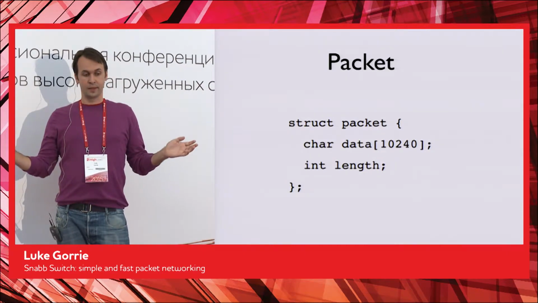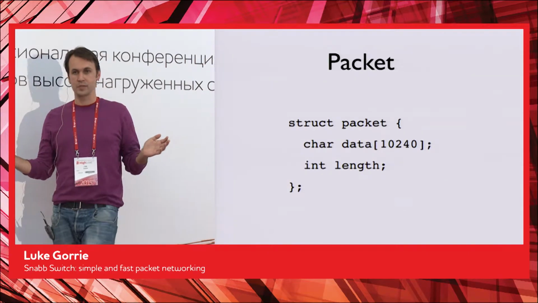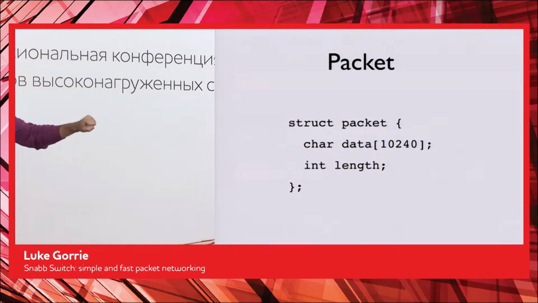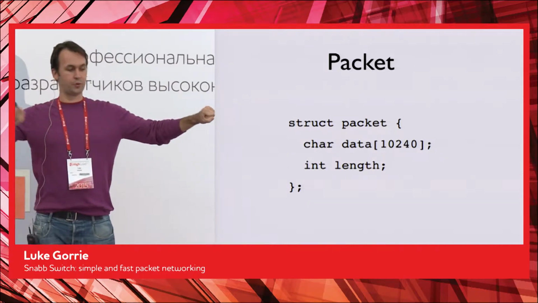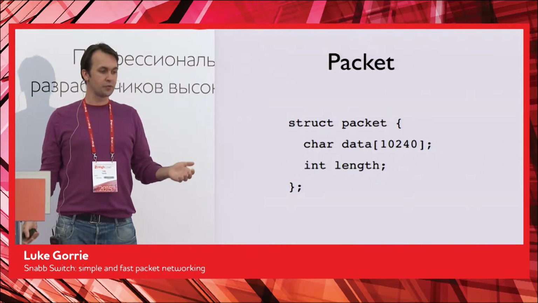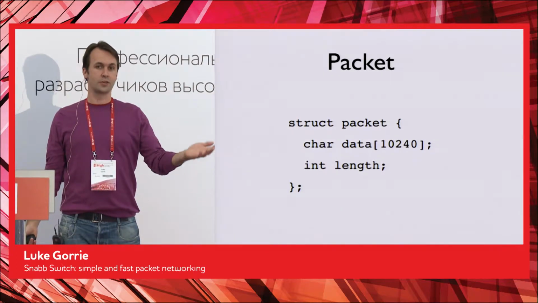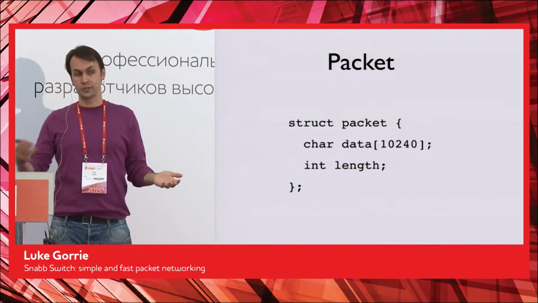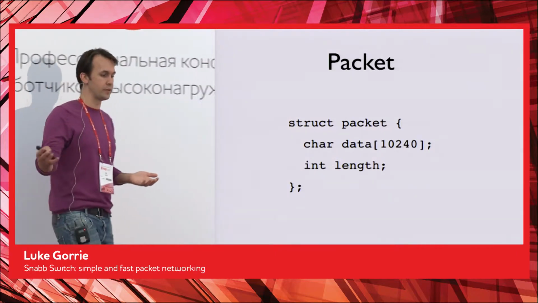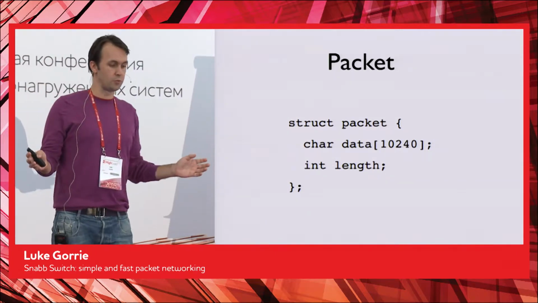And that's it. This is basically the same representation of a packet as you would find on a physical Ethernet cable. It's just the bits that make up the payload, and that's all. And there's not really a lot more to say about this. If you're writing Snabb Switch code, this is the data structure that you're operating on. There is a whole bunch of library code that you can use for finding headers and all of that kind of thing. But that's just libraries, and that's all optional.